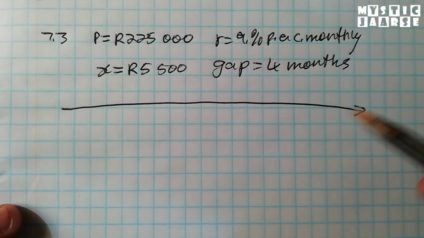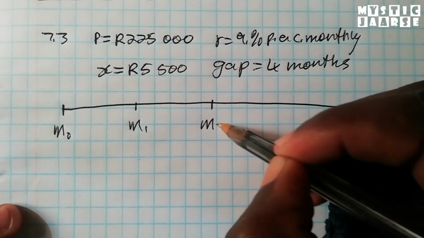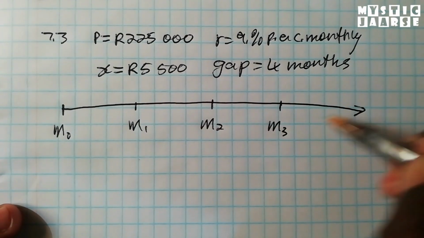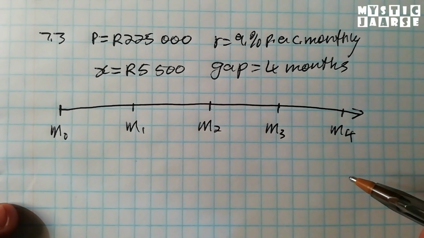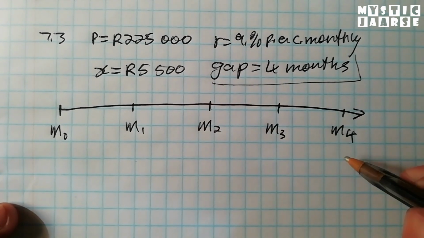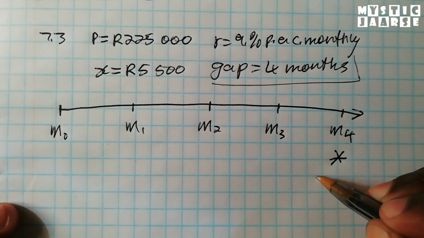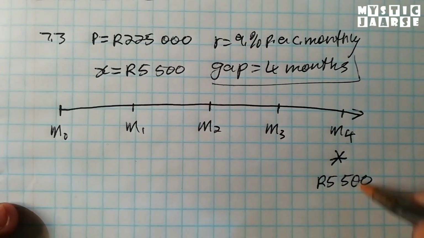So this is my timeline. We have month 0, month 1, month 2, month 3, month 4. So Lesibane took a gap of 4 months. So this is the 4th month. This is the month where Lesibane started making payments of 5,500 rand.